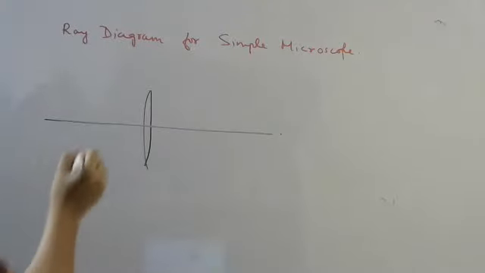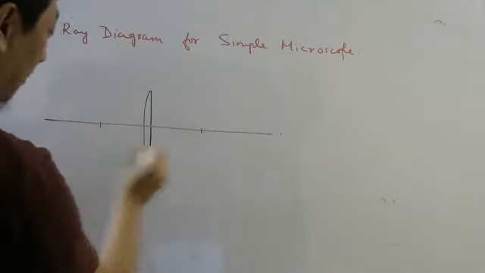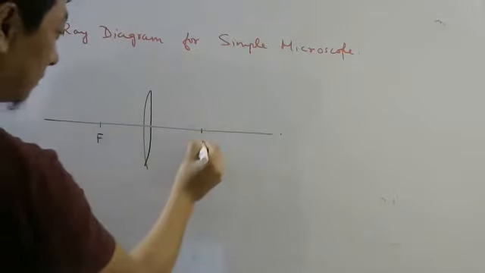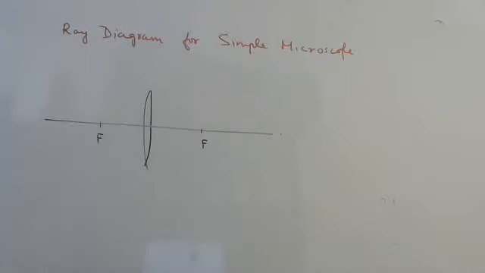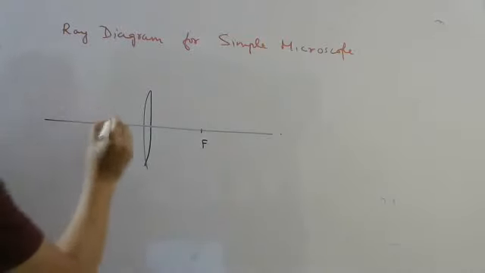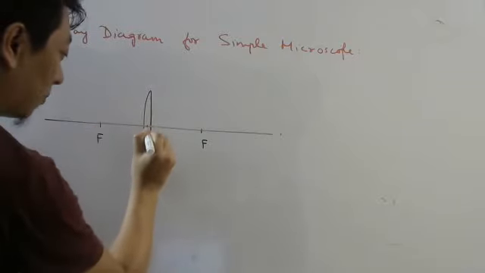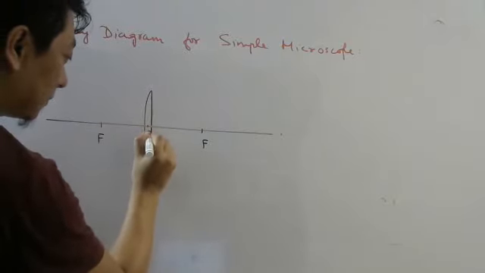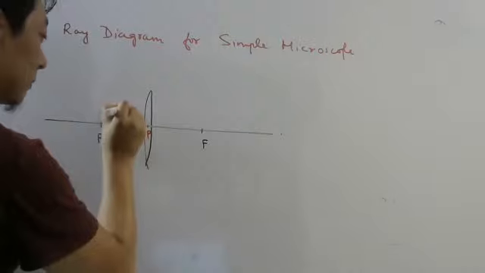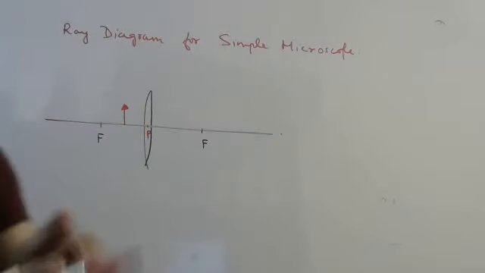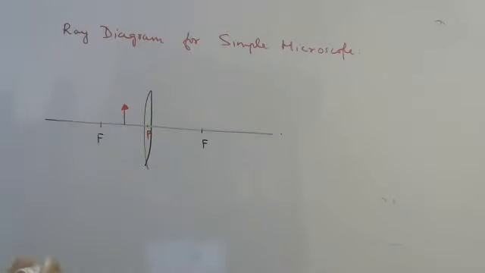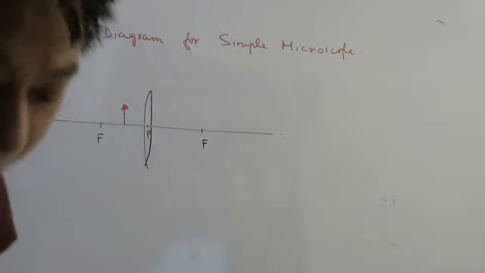And it will have some focal length, right? F. Now what we will do is we will keep the object between the focus and the optic center. So you have to bring the object close to the lens.